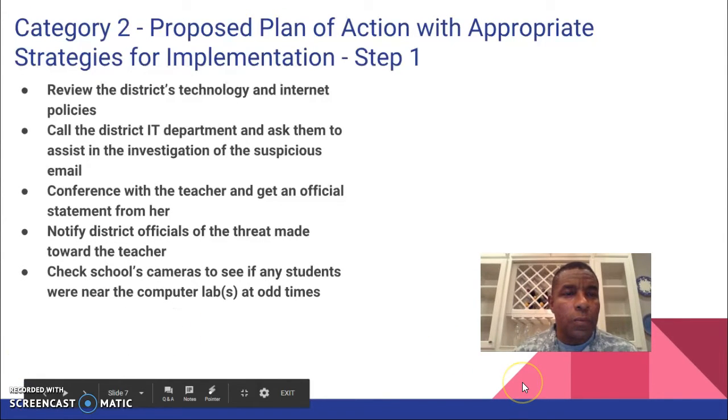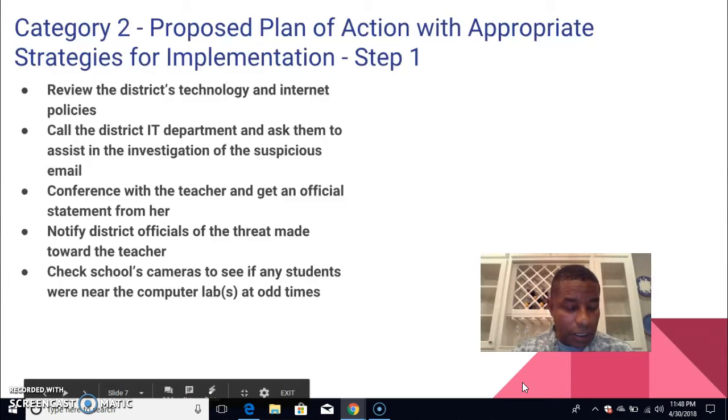Category 2. Proposed plan of action with appropriate strategies for implementation. Step 1. Call the IT department and ask them to assist in the investigation by trying to obtain the IP address of the email. Review the district's internet and technology policies. Talk to Ms. Tate and get her statement about the email and other factors that may have caused the person to send the email.